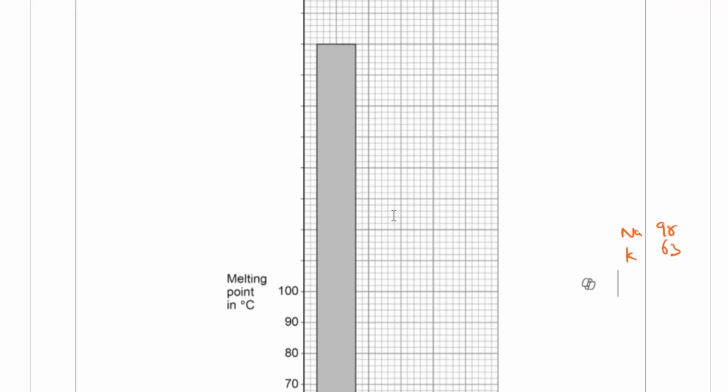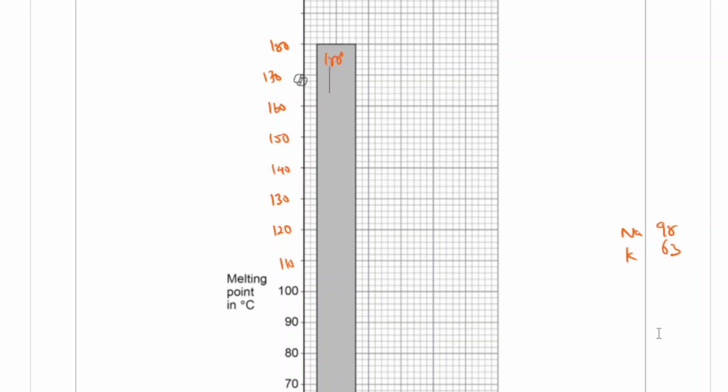So 110, 120, 130, 140, 150, 160, 170, 180. Do you need to write all of them? You could skip one after each other, right? As long as you've written about 3 or 4 of them, it's fine. So this goes up to 180.